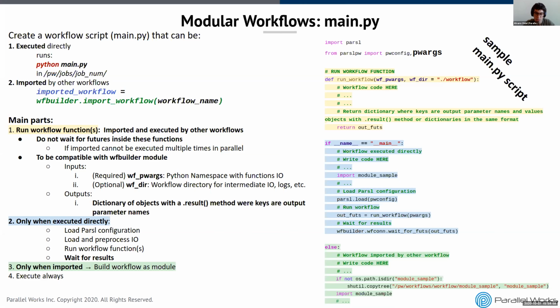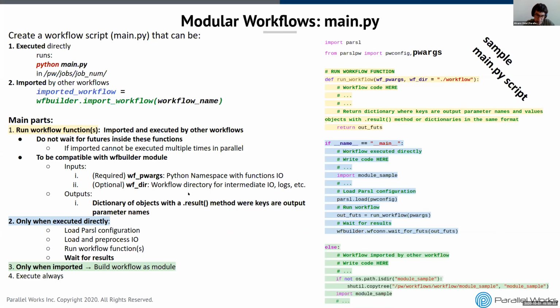And then optionally, you can also give it a workflow directory, and I will talk more about this later, but basically, when you execute a workflow directly, it gets its own sandbox job directory, but if the workflow is imported by another workflow, it doesn't. So if you need it, you can define it in the workflow function.